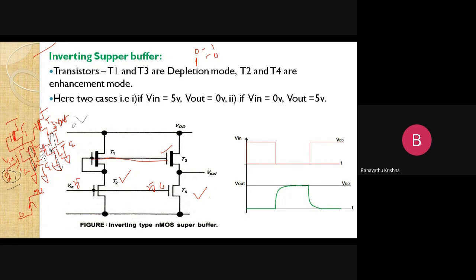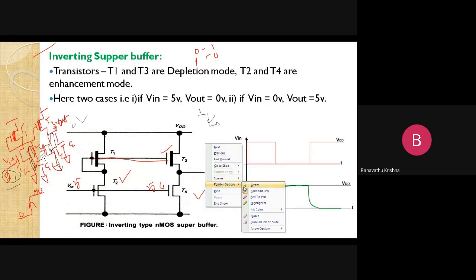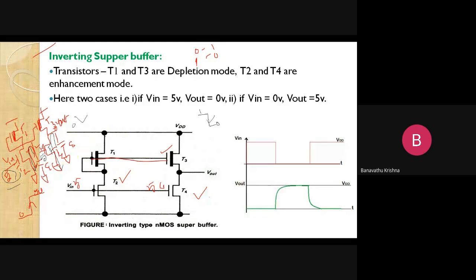And the second case, suppose I apply the input going from 1 to 0. Let us see the point here.